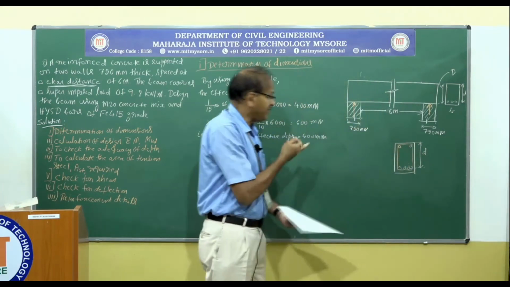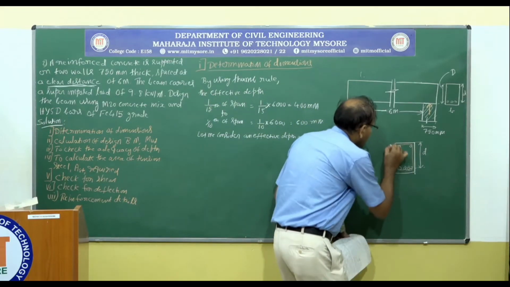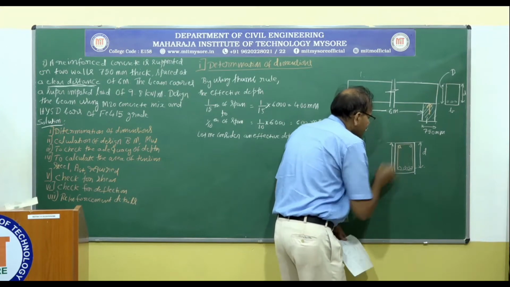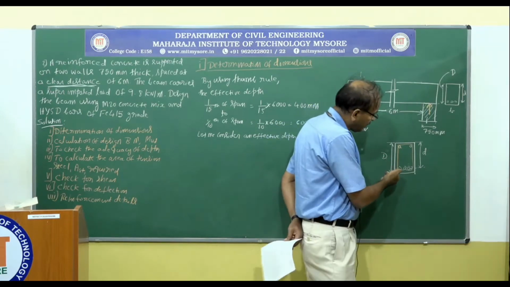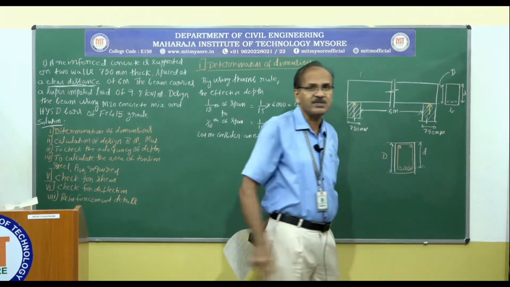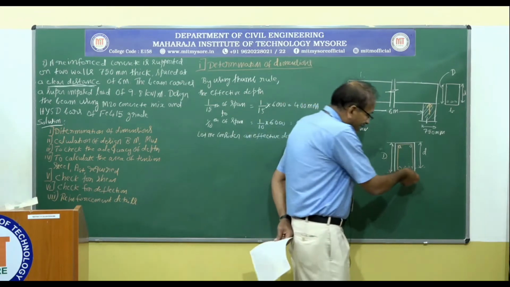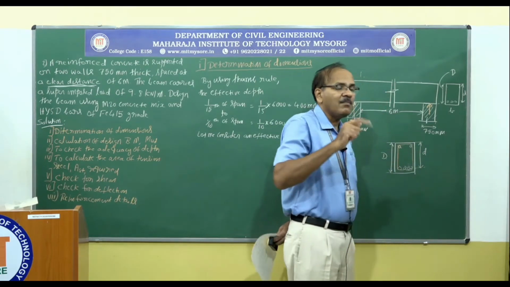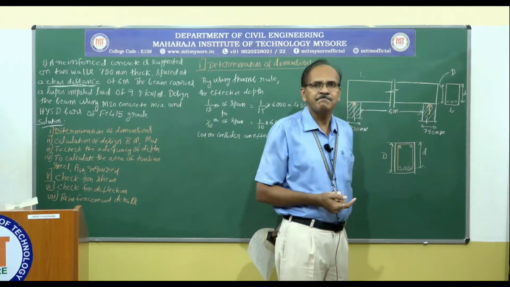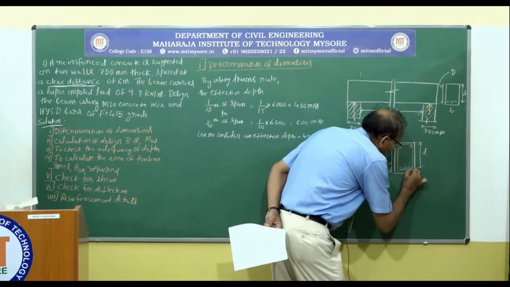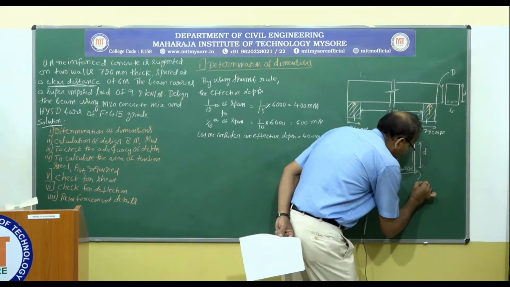So what is the overall depth? Overall depth D is the effective depth plus the effective cover. And the effective cover is going to be measured from the tension zone to the centroid of the tension steel. So if you remember, by assuming moderate exposure of concrete to the atmosphere, clear cover to the reinforcement, that is the stirrups, is 20 mm.